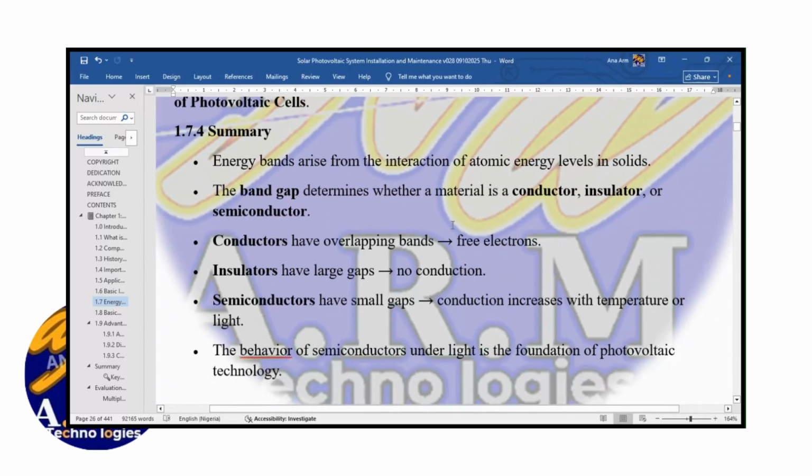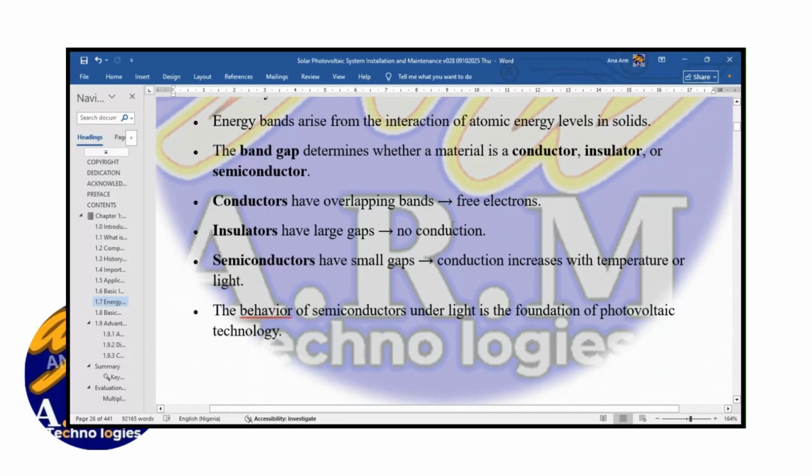In summary, energy bands arise from the interaction of atomic energy levels in solids. The band gap determines whether a material is a semiconductor, insulator, or a conductor. Conductors have overlapping bands, which provide free electrons. Insulators have large gaps, no conduction.